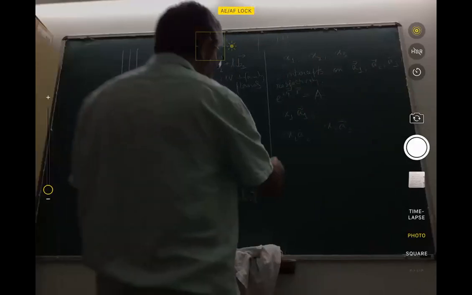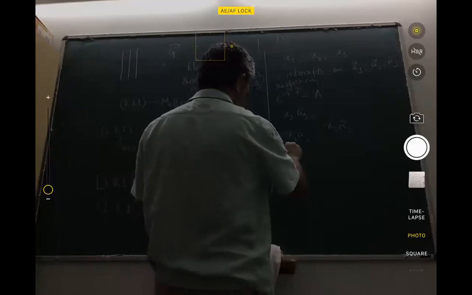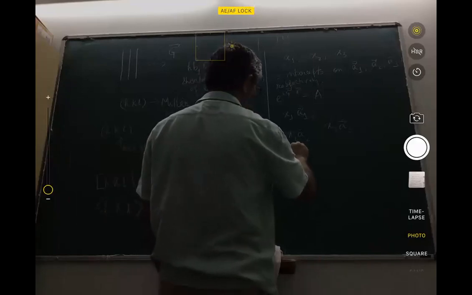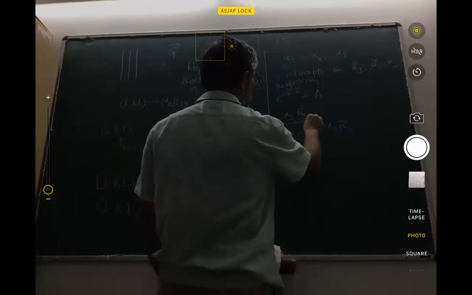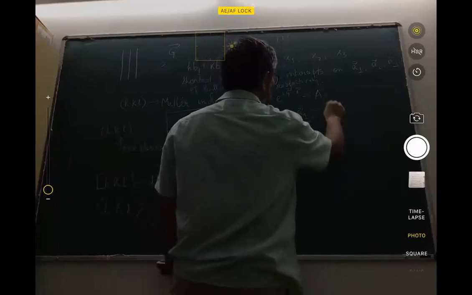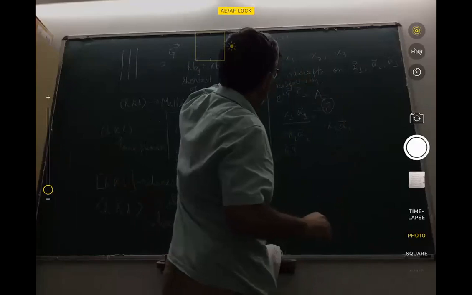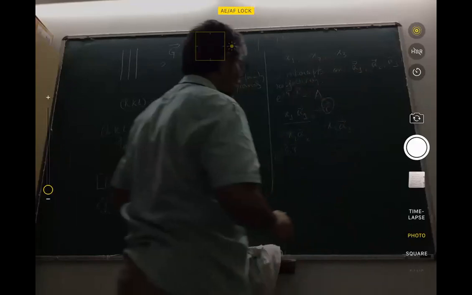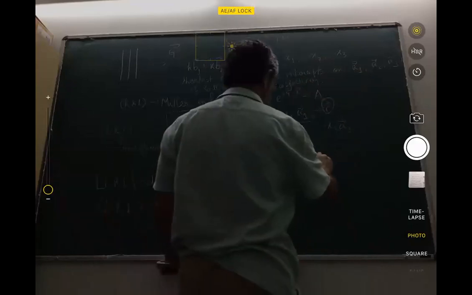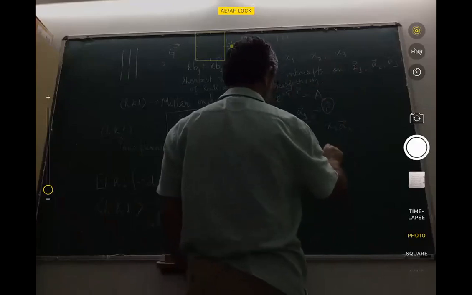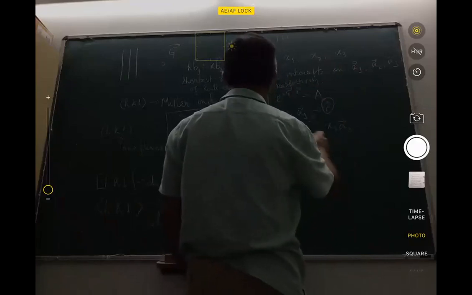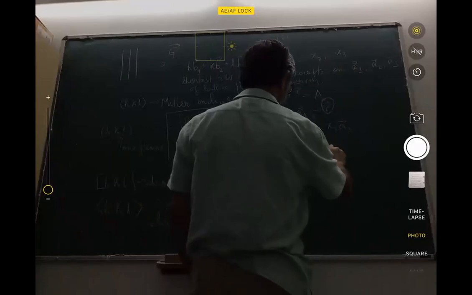So e to the i G dot R, where this is my R at the point where this plane intersects the A1 axis.